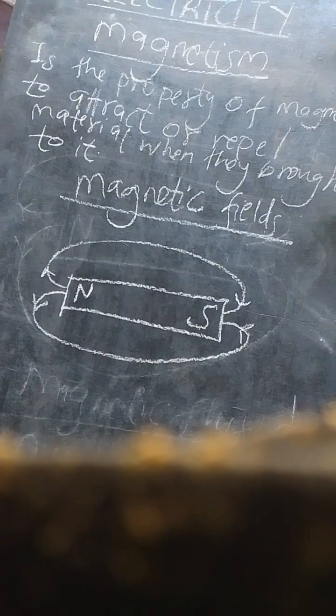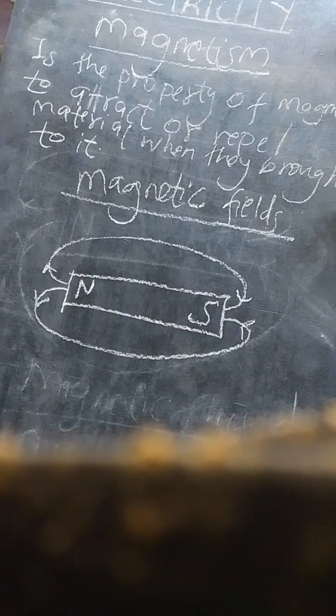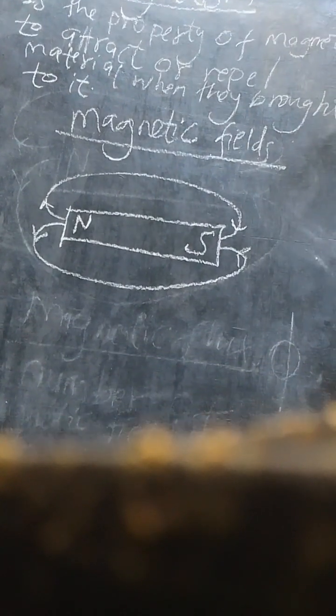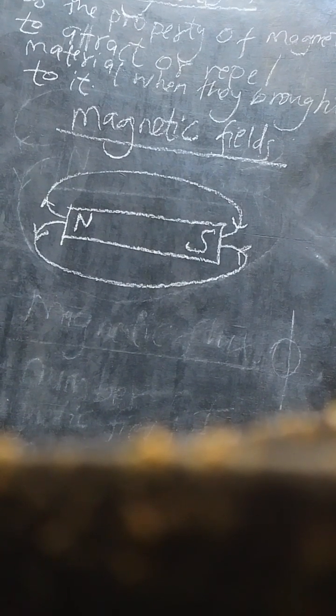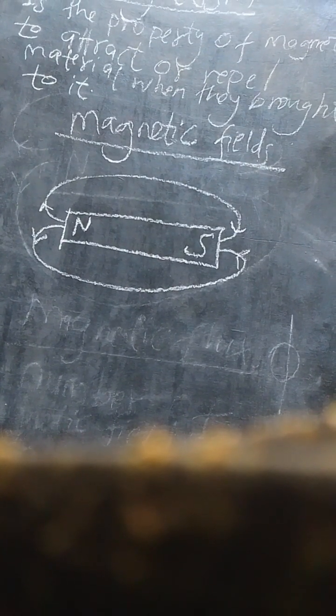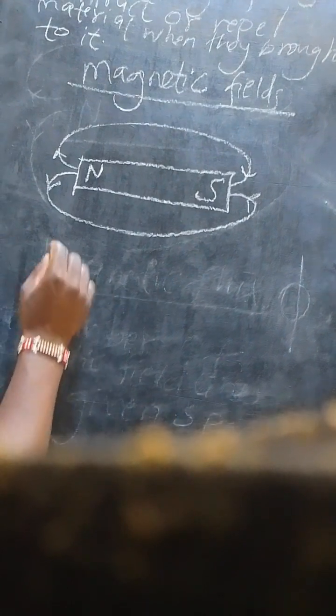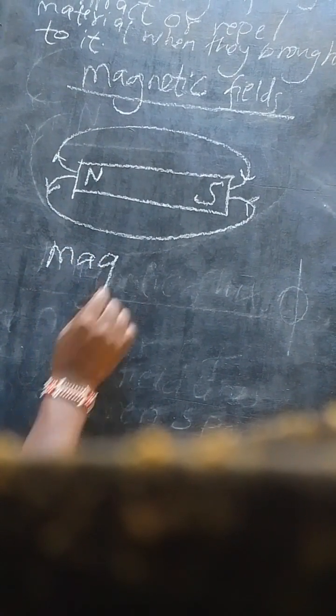Now, having said that, we want to see the number of magnetic lines a magnet can produce. So let's talk about magnetic flux.